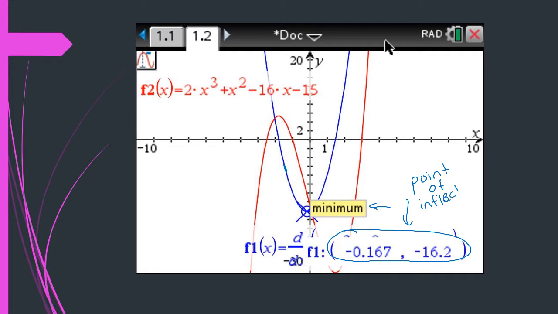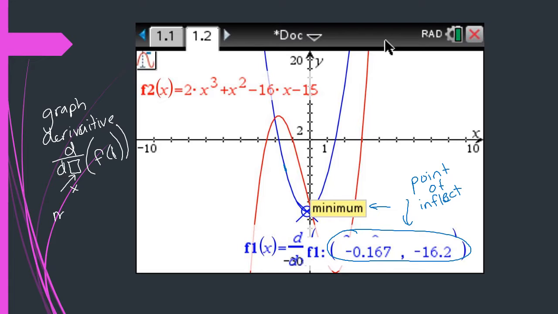So again, to recap, in order to find your point of inflection, the first thing you're going to do is graph the derivative, which you think of as d over d box. You put x in there, and then you put your f of 1, your original function, in here.